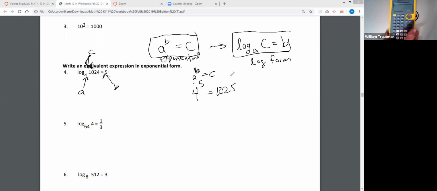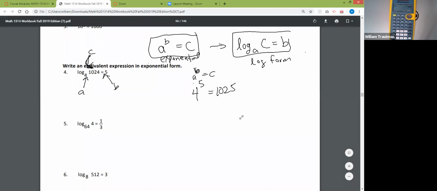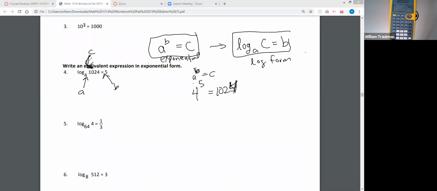And I would try that on your calculator. Might as well. 4 raised to the 5th power on my calculator does say 1024. I put 1025, but it's 1024 right here.